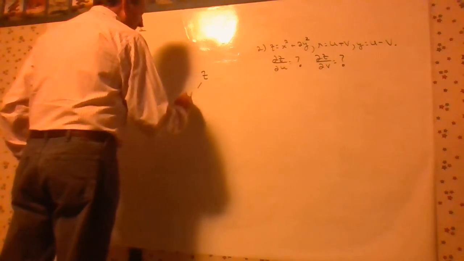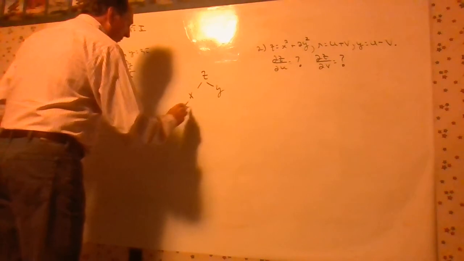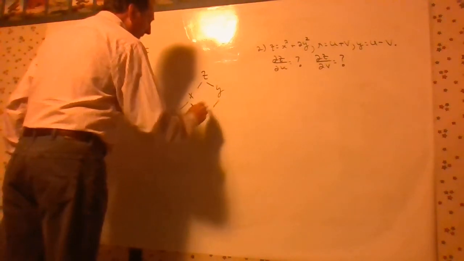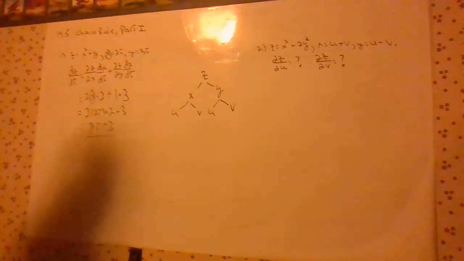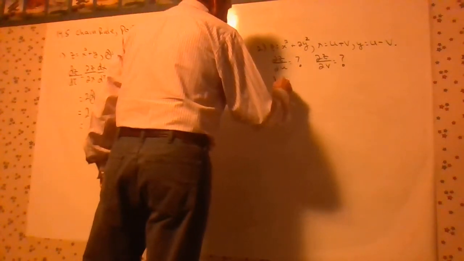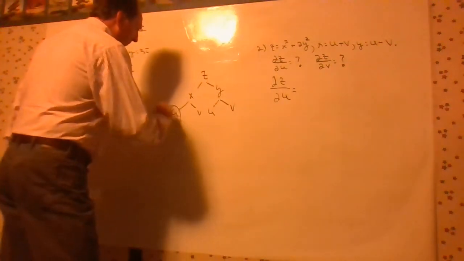Z is a function of x and y. X is a function of u and v. Y is a function of u and v. And now we can develop a formula. Let's start with partial of z with respect to u. Well, notice these u's here.